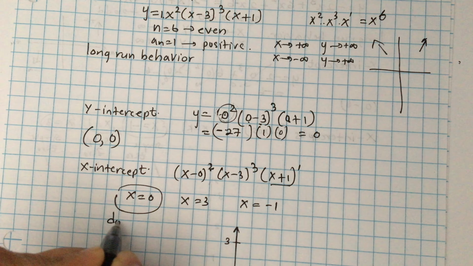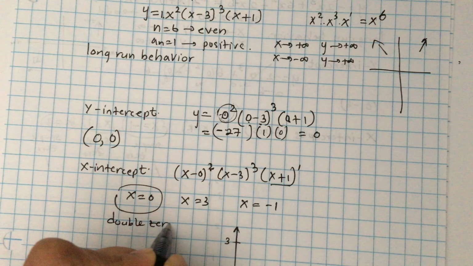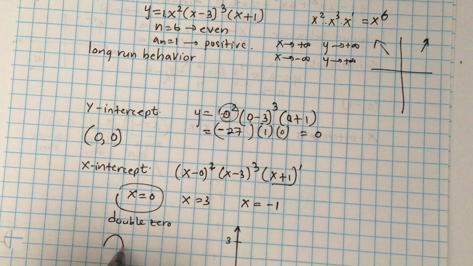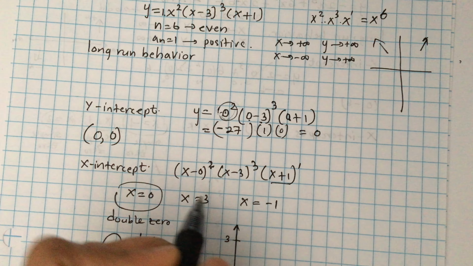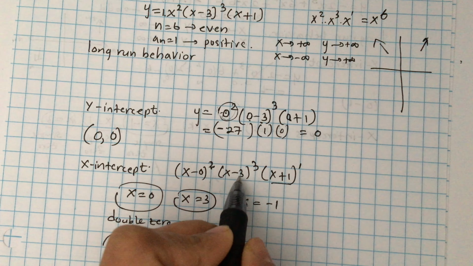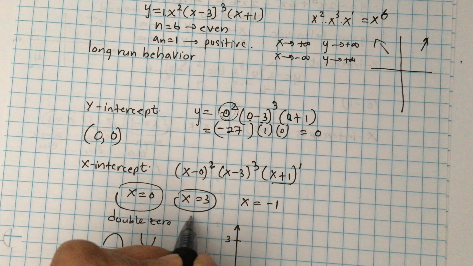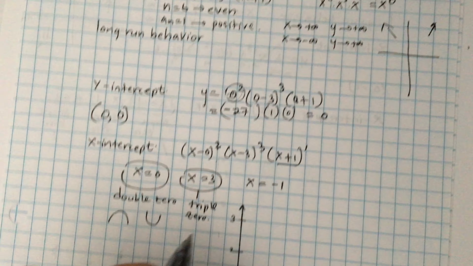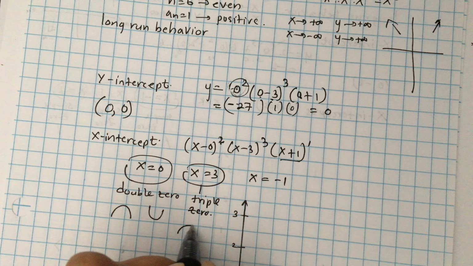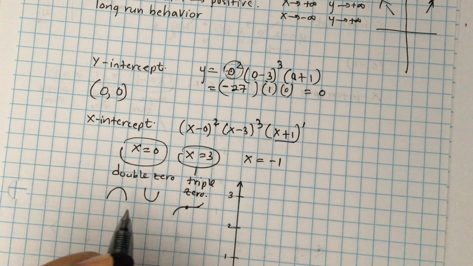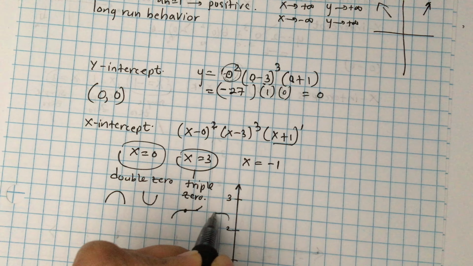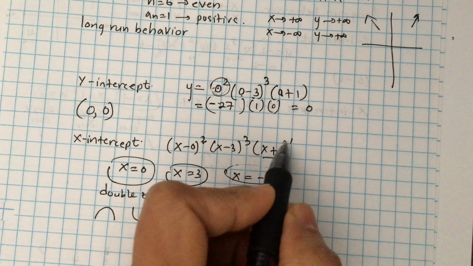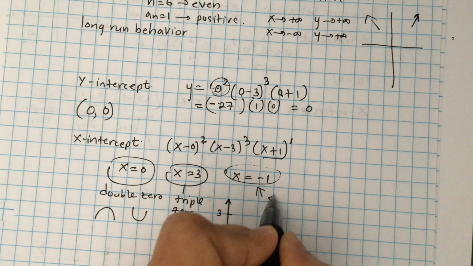Double 0. This is a double 0. So at x equals 0, you will see a bounce like this or this, right? At x equals 3, the power is 3. So this is a triple 0. So your graph is flattened at that point like this, okay? Or it can be like this, okay? At x equals -1, the power is 1, so this is a simple 0.